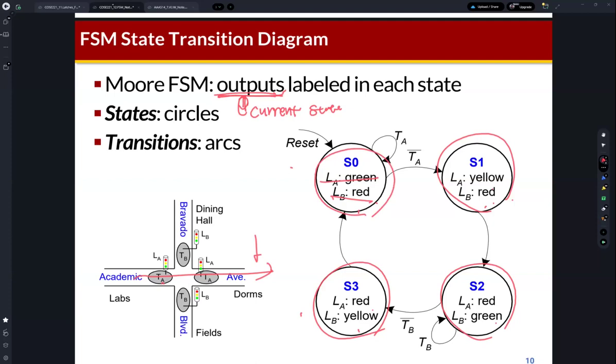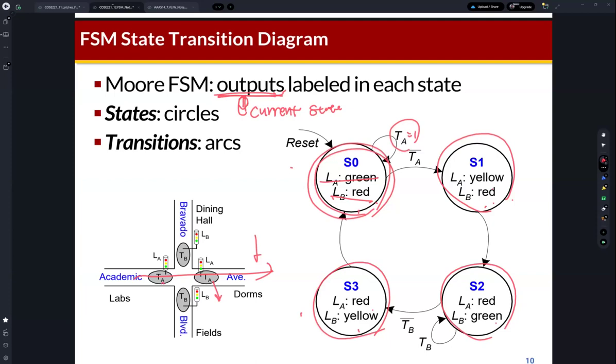TA is the traffic sensor, so if TA is 1, then if the current state is S0, the next state is also S0.